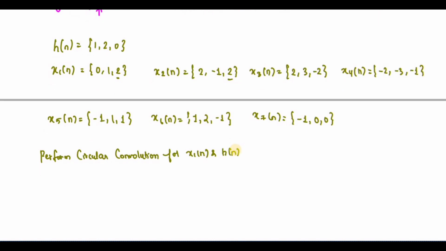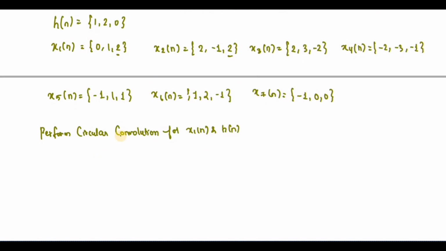If I form the circular convolution, first let us write h of n. So h of n, you have to write as 1, 2 and 0 in a horizontal way. Then you have to shift the 0 upward, 0, 1, 2. Then 2 upward, so you will get 2, 0, 1. So this is your h of n.